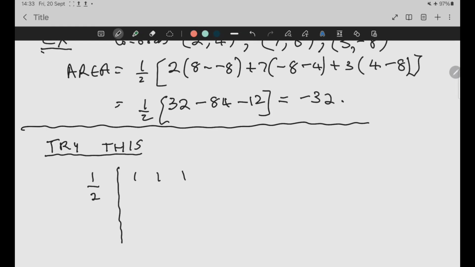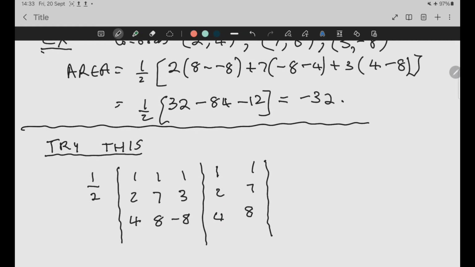So 1, 1, 1. Then the x coordinates 2, 7, and 3, and the y coordinates 4, 8, and minus 8. Now I'm going to write down a slightly augmented form of that, writing down the first two columns again, 1, 2, 4, and 1, 7, 8.